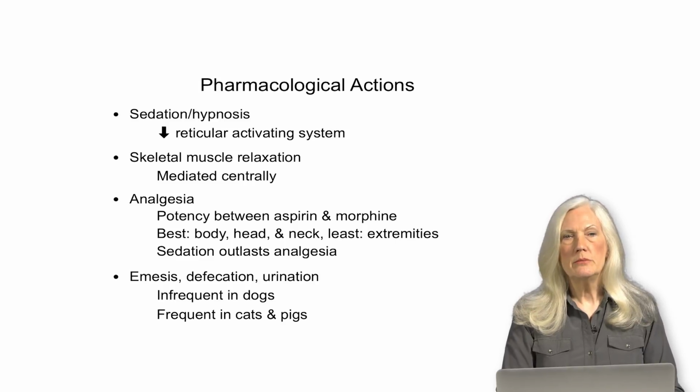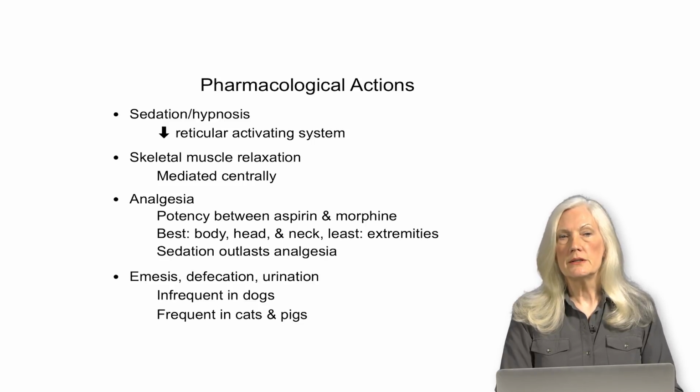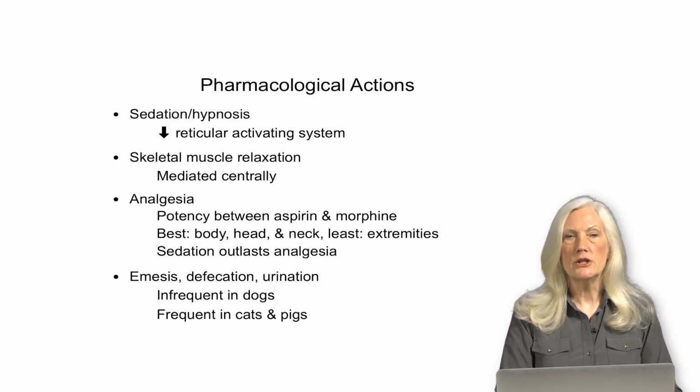Finally, xylazine stimulates the GI tract when it's first injected. At that time, it's circulating at a higher concentration and is less selective for alpha-2 sites. As a result, it stimulates alpha-1 receptors in the GI tract, causing defecation, urination, and emesis.